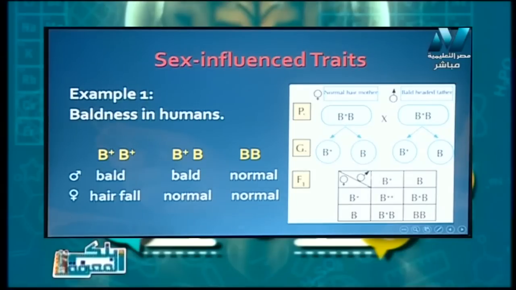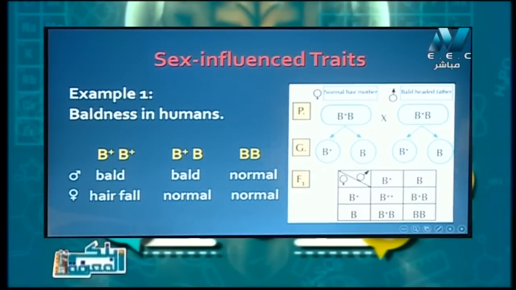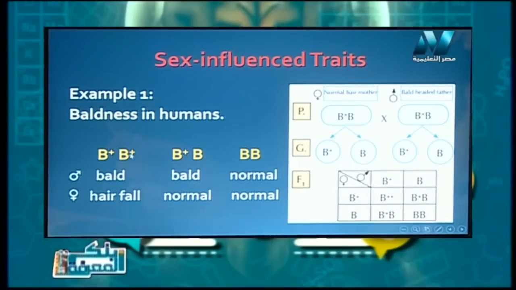After having the gametes, we will have different genotypes for the individuals. Look at the resulting individuals. If the male is B positive, he will be bald, but the female will have just hair fall. And if the genotype is hybrid, the male will be bald, but the female will be normal. And the last one, B, will be normal for male and female.